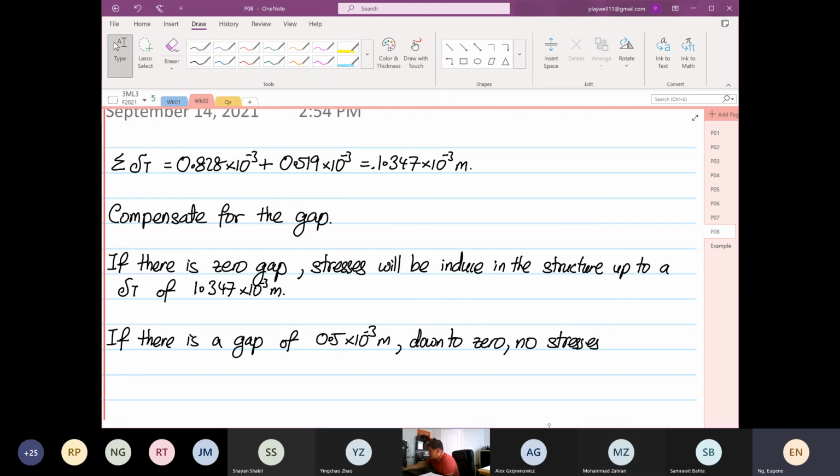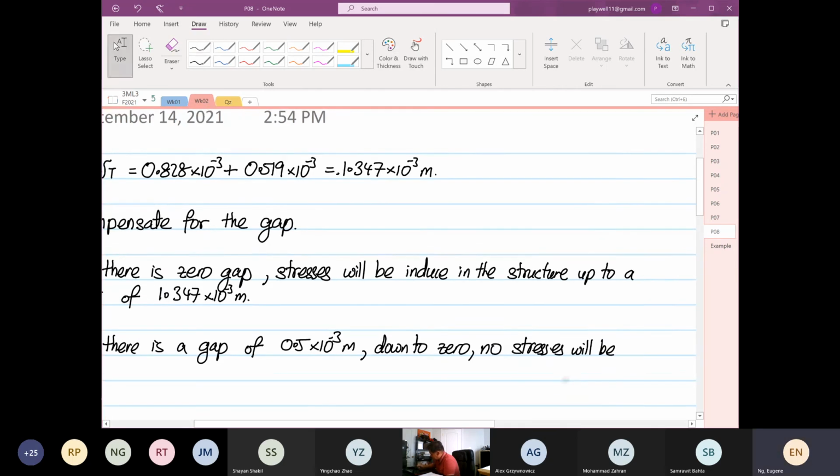Okay, so this is an important component to include, because it will change your delta T. No stresses will be generated.